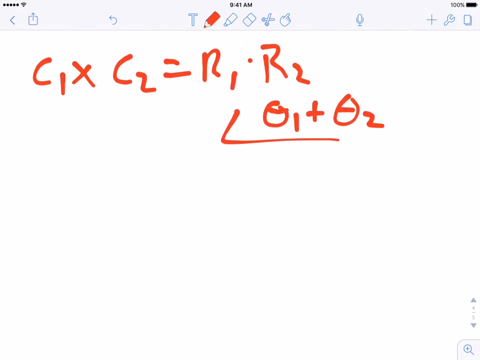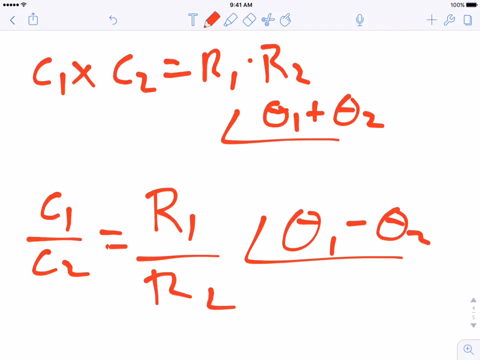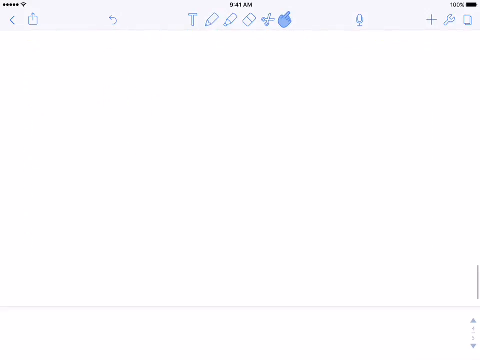So let's say you want to do C1 divided by C2. So this is R1 divided by R2 angle theta 1 minus theta 2. So that's how you do that.